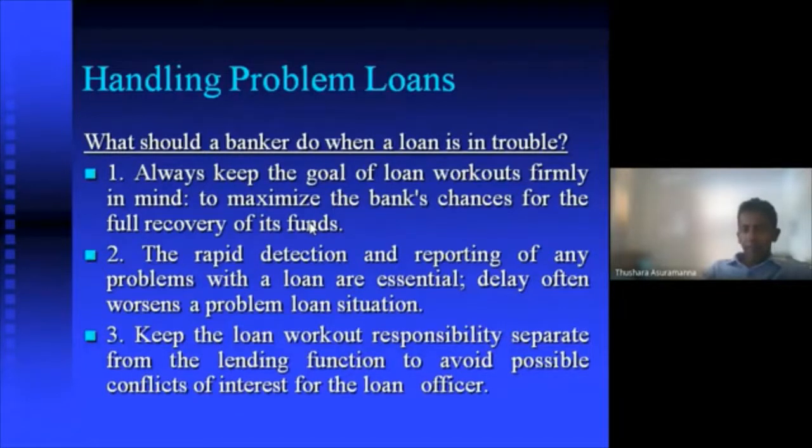Third one, keep the loan workout responsibility separate from the lending function. Conflict of interest. Because there may be credit officers, branch, or business unit who approved the original loan. If they also do the recovery, rehabilitation, restructuring, and loan workout, it may not be easy because you have a smooth relationship. But with recovery, you can't always be smooth.